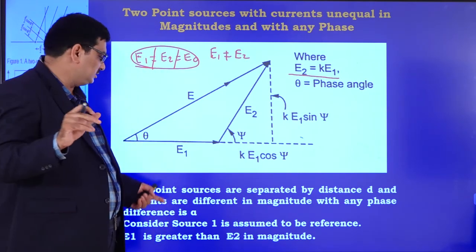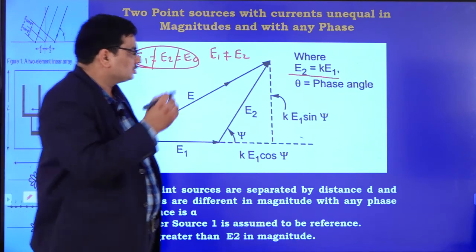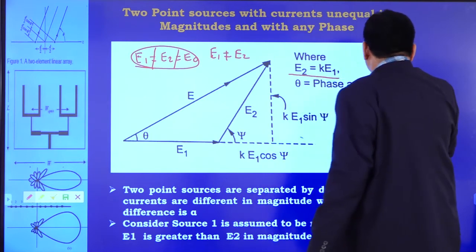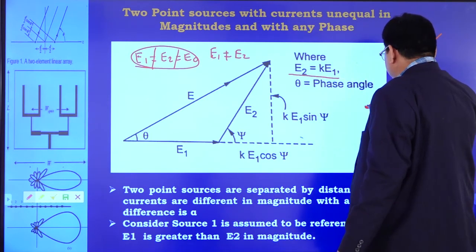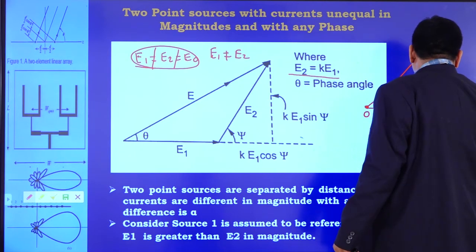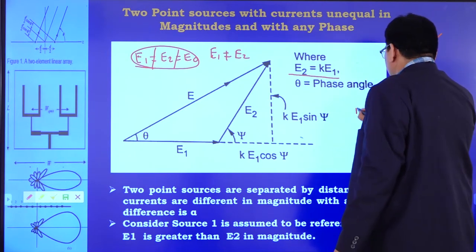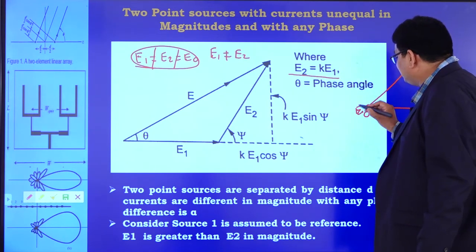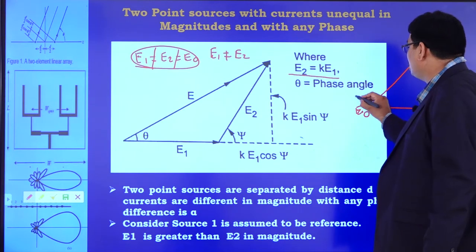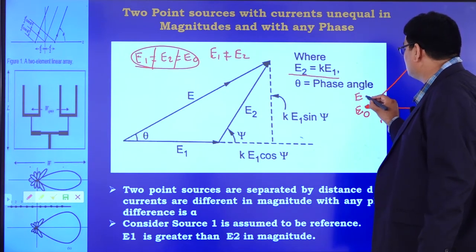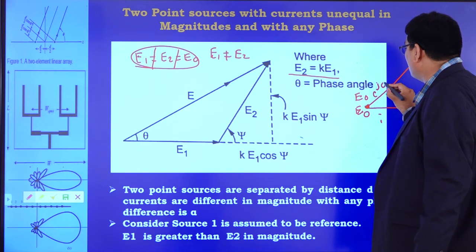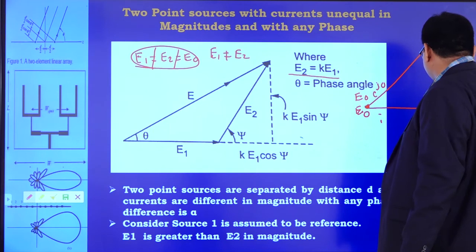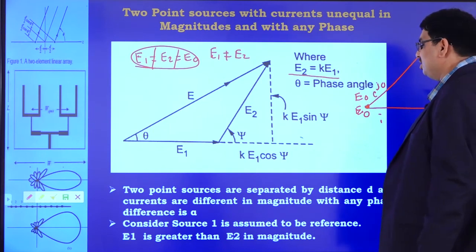So this is one line, and this point is the 0 point, and this is the distance to the second antenna, E2. The E1 antenna is taken at the reference point, which is why at this reference point the phase is 0, so E naught equals e power j0. Here the phase is 0 and E2 has some additional phase.